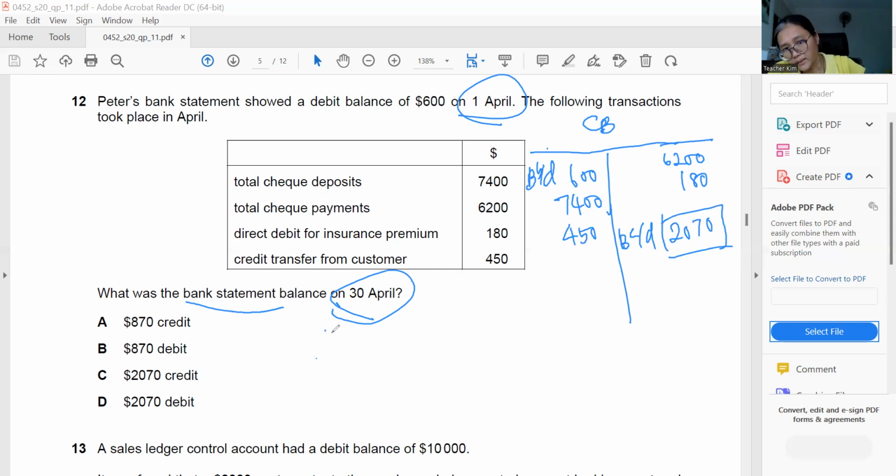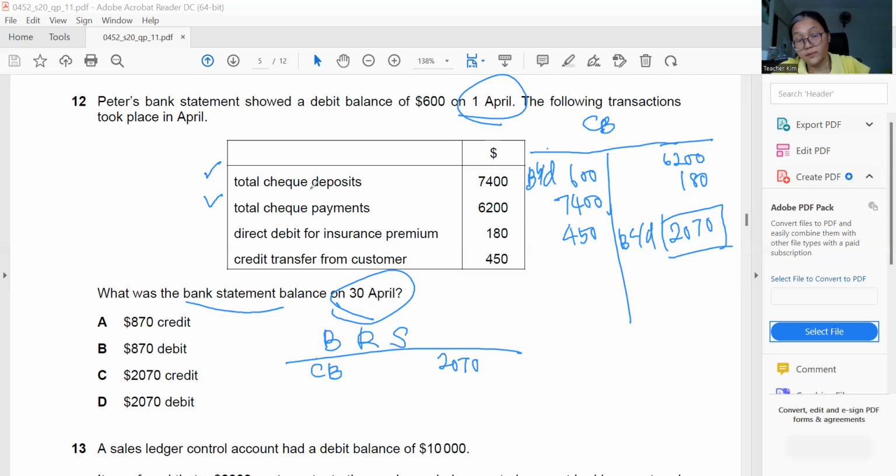Under the bank reconciliation statement, if we have this amount, okay, cash book is 2070. We have these two amounts, okay. They didn't mention this one.